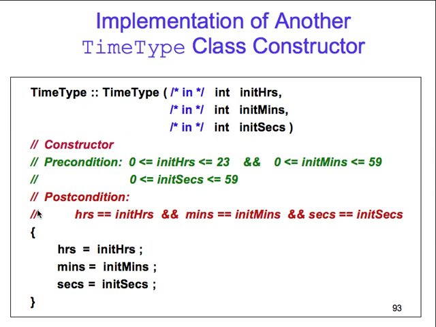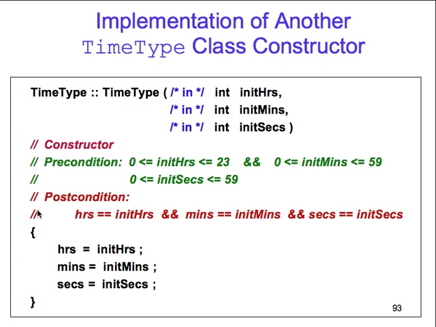And why do you have implementation versus specification? Because in the C++ world, which is kind of different than the Java thinking, let's talk about time type for a second. We could have a specification file that says we have hours, minutes, and seconds. We can create different classes, implement different versions of this specification. One of them might just be regular old time, one of them might be international time.